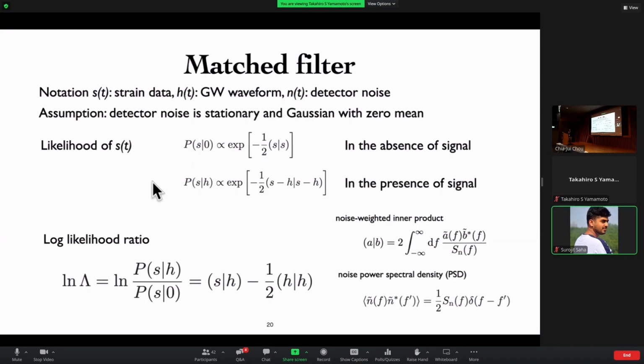This matched filter is based on likelihood ratio statistics, and we can estimate the likelihood of the strain data in two cases: the absence of a signal and the presence of a signal. The definition is written here, and anyway, we can estimate the log likelihood ratio, something like this.